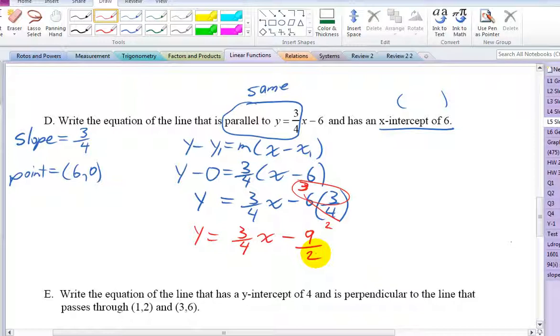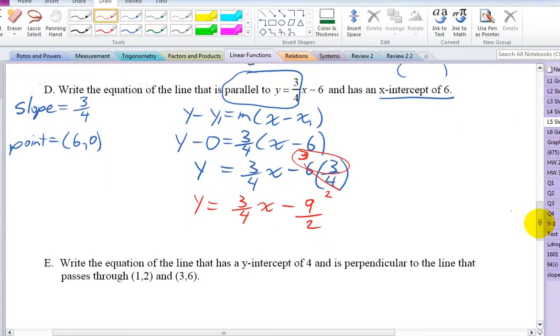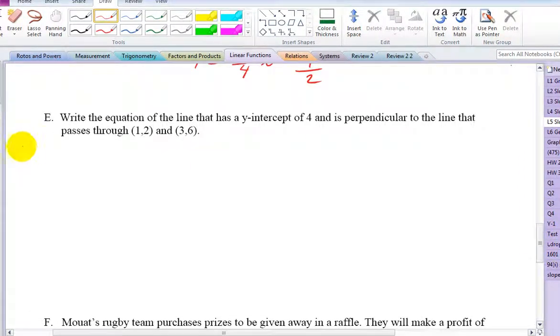And that would be okay to graph. It'd be okay. Jamie, question? Okay, it'd be okay to graph, but it's better that we don't have to. Okay. Any questions? Okay, next one. Read the question, tell me the slope, and tell me the point.